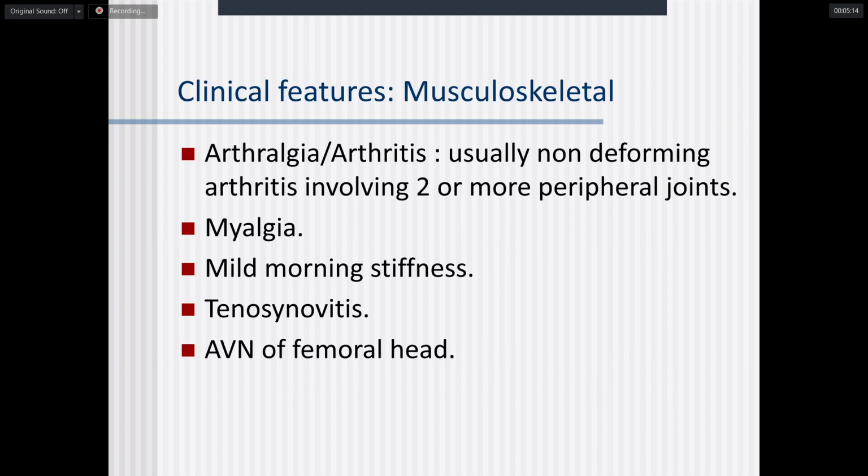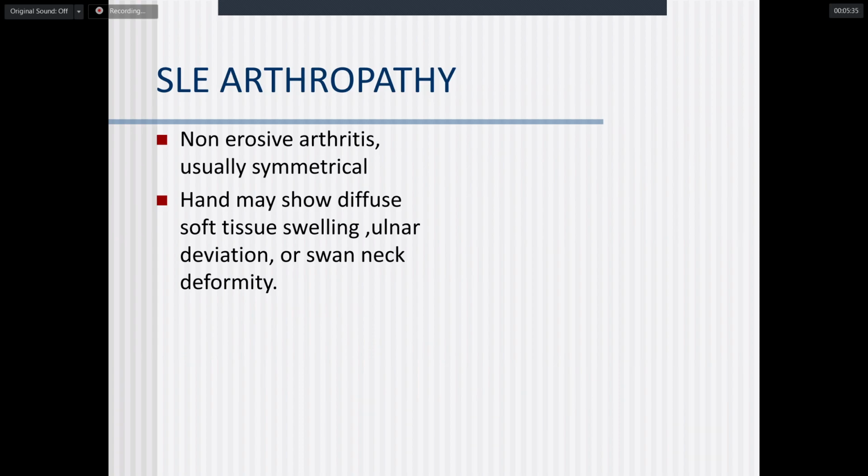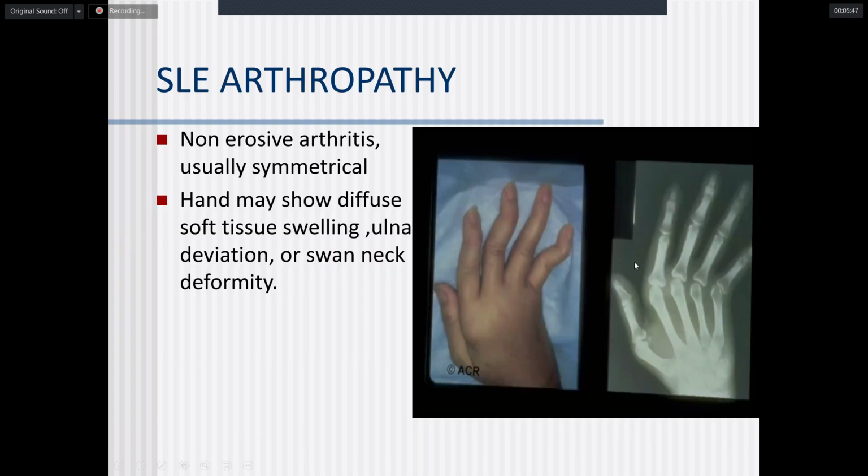Musculoskeletal features زي ما حكينا arthralgia or arthritis. Usually these are non-deforming arthritis involving 2 or more peripheral joints. بيصير عندهم also myalgia, mild morning stiffness, tenosynovitis, and avascular necrosis of femoral head. الارثروباثي تبعت اللوبس it's non-erosive arthritis, usually symmetrical, and may show diffuse soft tissue swelling, ulnar deviation, or orthotic deformity. بس هي الdeformities مش زي rheumatoid arthritis.